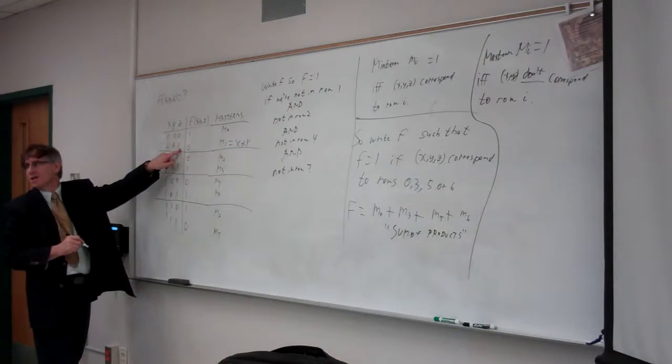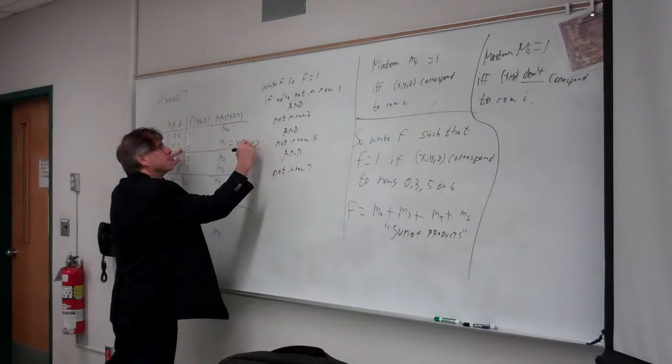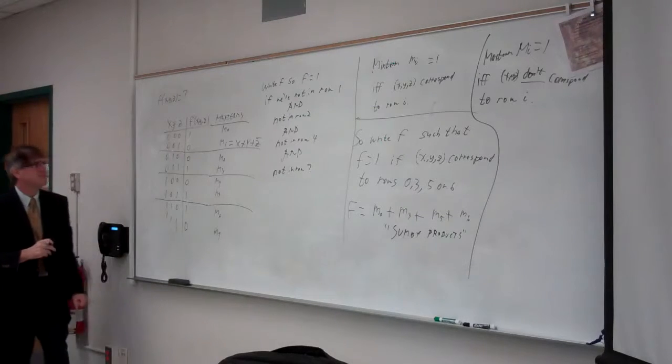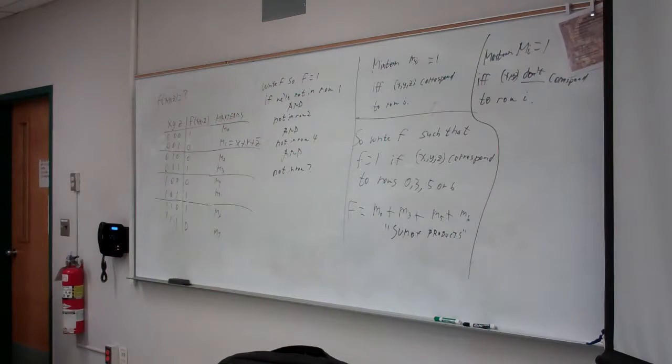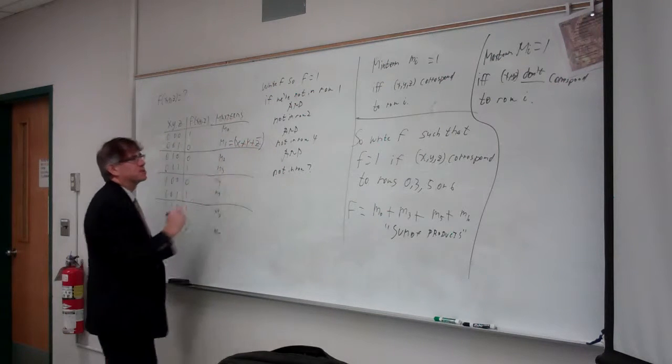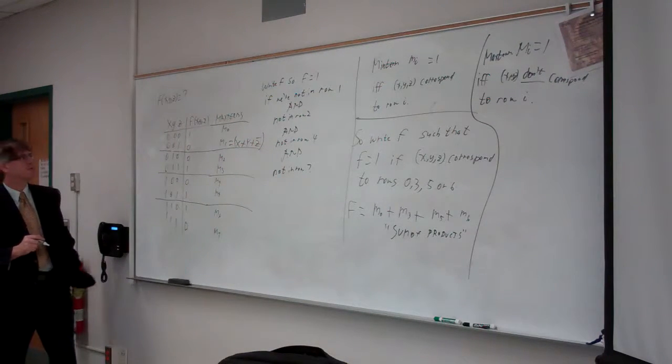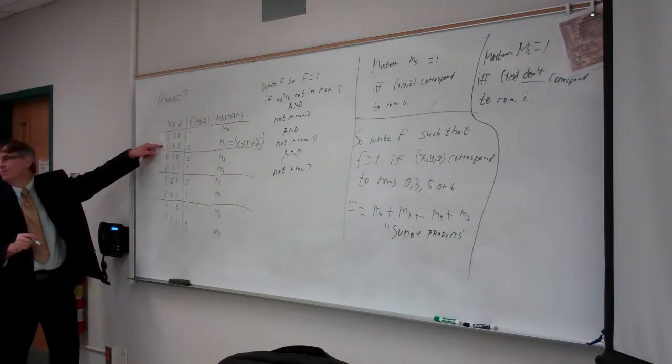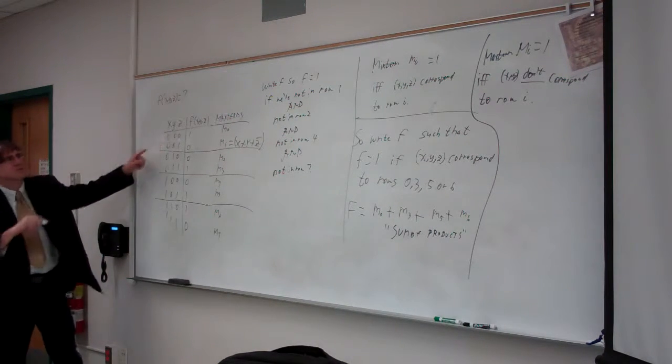Or if z is not 1. In other words, if z bar is 1, any of those three cases, we're in a different row. So this max term is an expression that's equal to 1 exactly when we're somewhere other than row 1. Okay, so that's our max term.